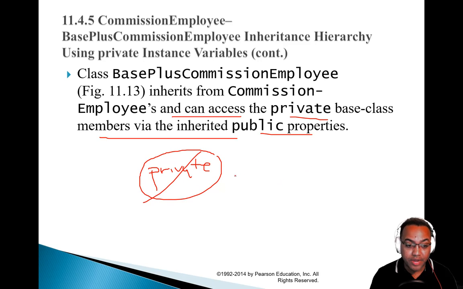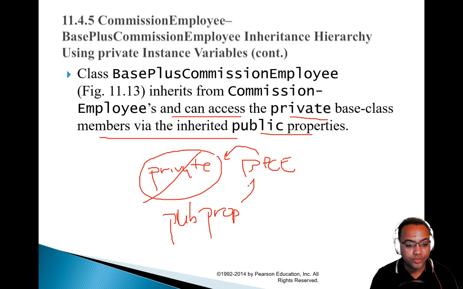But the derived class, base plus commission employee, will need those values. How do we get them? We have properties that, and they're public, that we are displaying to the derived class that can get the value of the private variable. That's how we're doing that.